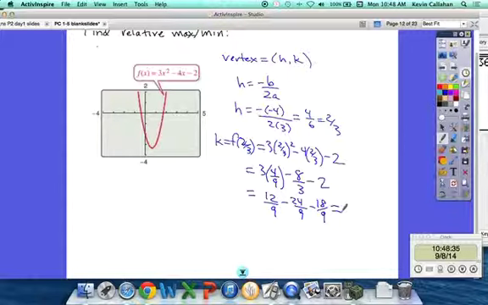So what is that? Negative 30/9, which is a little bit more than negative 3. So let's see, 1, 2, 3. It's about right. So the minimum point on this graph is 2/3, negative 30/9. Oh, I could simplify that: negative 10/3.